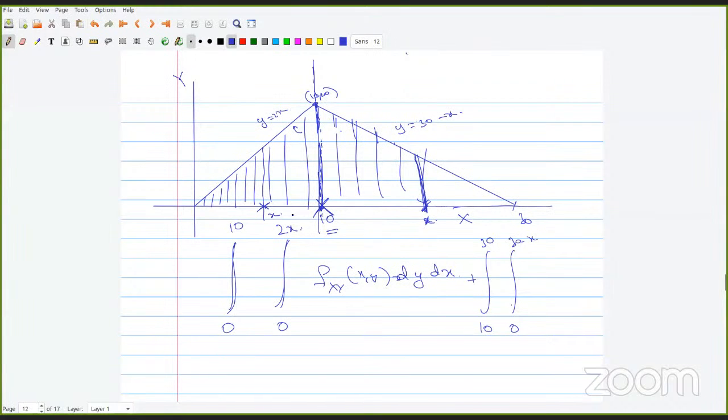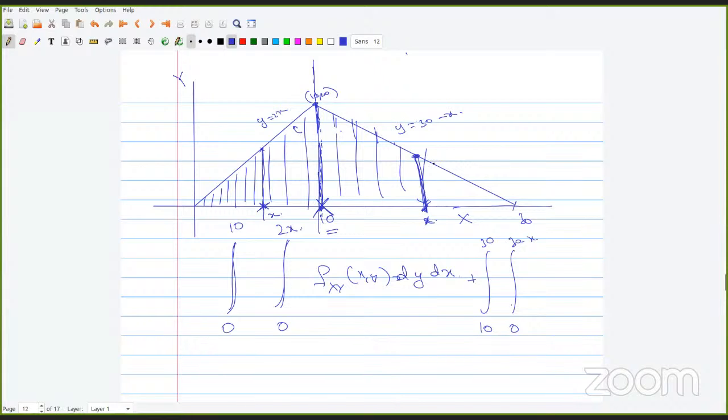For the other, we randomly choose one point in that interval, and corresponding to that value we compute the support of y. So for this x, the support of y goes from 0 to 2x, and here it goes from 0 to 30 minus x.